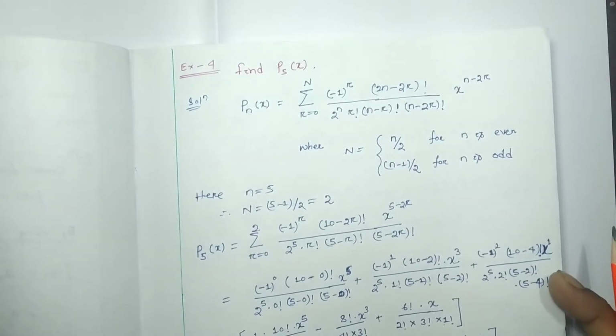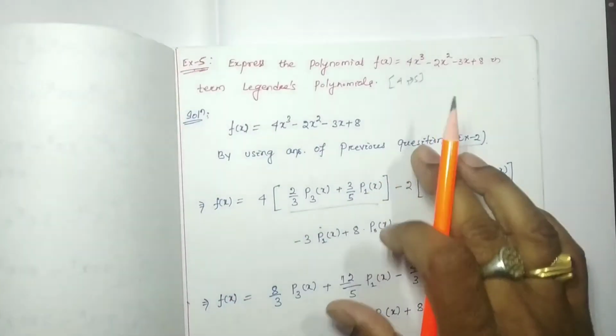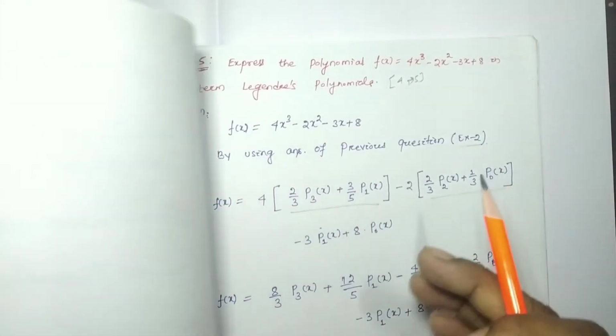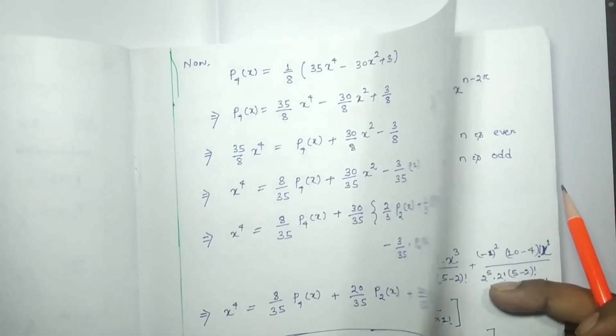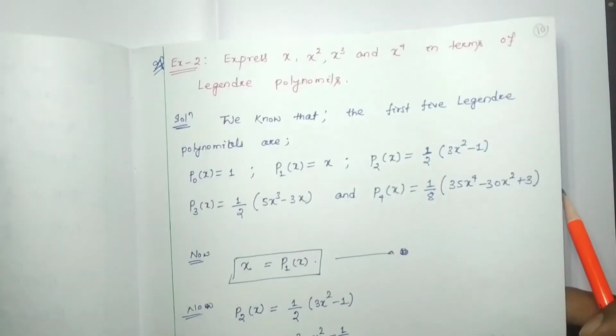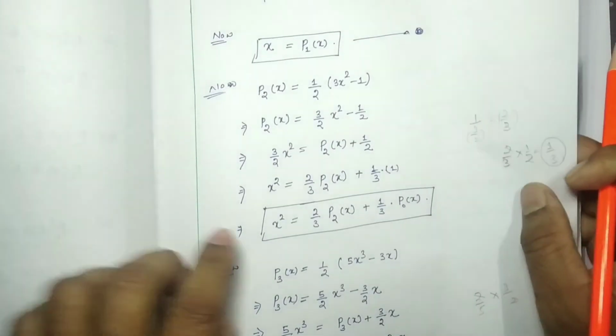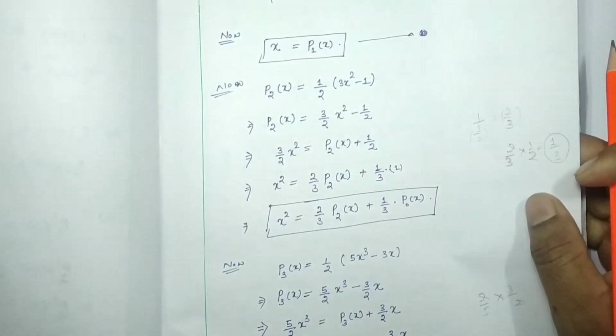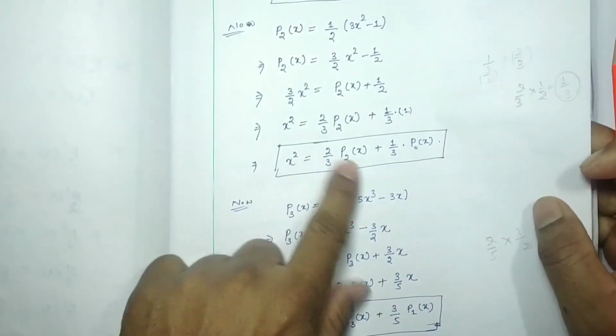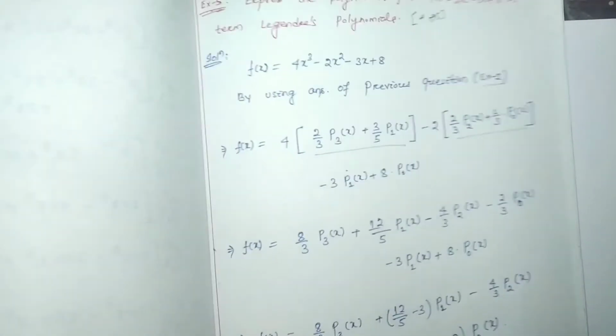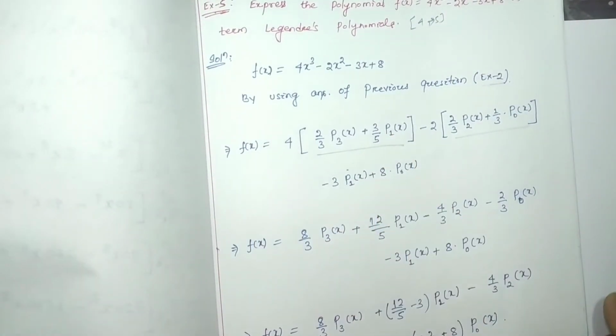But if you are going to do so, then this question will be so long. First you have to find out P0(x), P1(x), P2(x), P3(x), then you have to find out in terms of x, that is this one and this one, then substitute over here. So it will be too long.